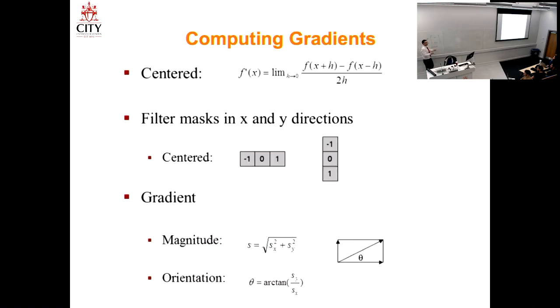This is going to tell me the magnitude, and then I calculate the orientation with this equation, arctangent of y over x. So it would be the arctangent of the vertical over horizontal, something like that. So with these two calculations for any individual pixel, I'm going to be able to calculate the orientation and magnitude of the edge in that particular point.